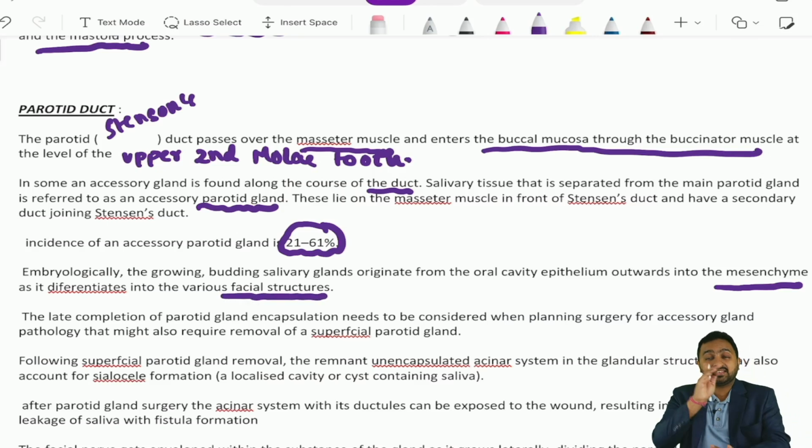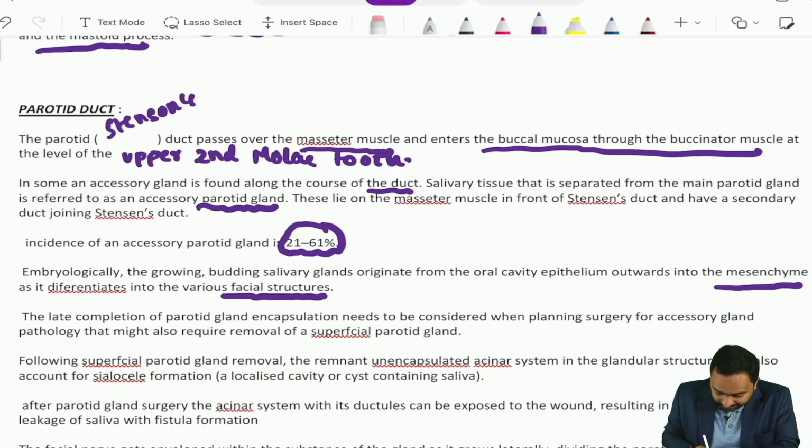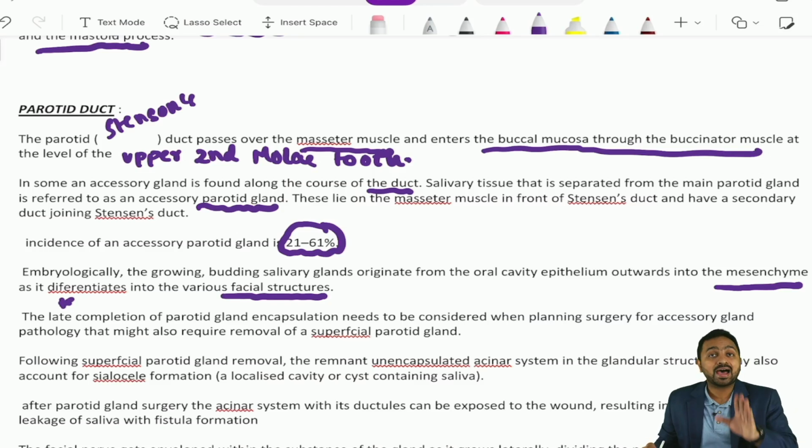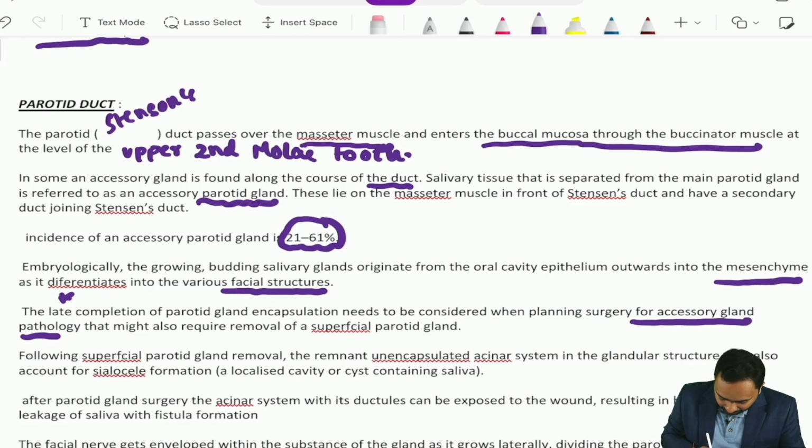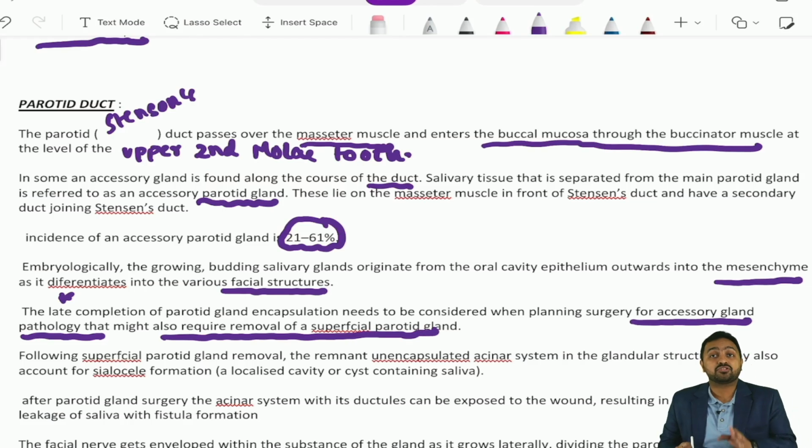Now, why is this important? Because the late completion of your parotid gland encapsulation needs to be considered when we plan surgery for accessory gland pathology that might also require removal of your superficial parotid gland. Hence, it is important to know about this accessory parotid gland.